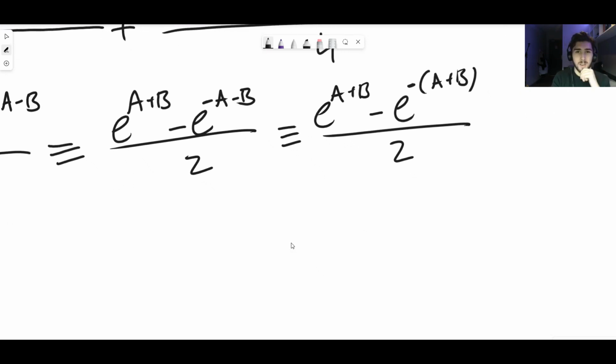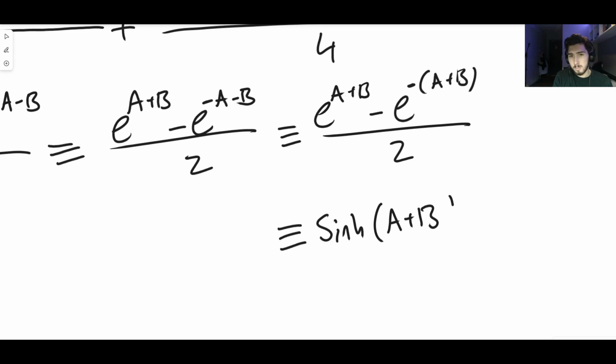This looks very familiar. Well, actually this is just sinh of a plus b, isn't it? It has to be. If a plus b were an x, it would be e to the x minus e to the minus x over 2. So replacing x with a plus b, you get sinh of a plus b. That's the addition formula for sinh of a plus b, proven using exponentials.